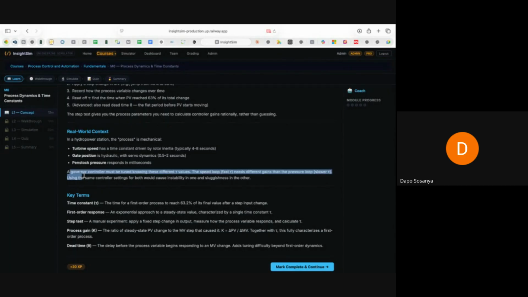A governor must be tuned knowing these different values. The speed loop needs different gains than the pressure loop, right? The speed loop has a fast time constant. The pressure loop has a slower time constant. Using the same controller settings for both will cause instability in one and sluggishness in the other.